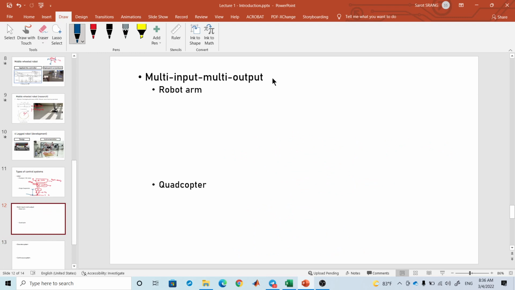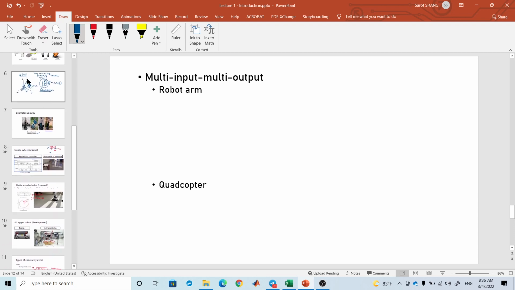Okay. Next, a multi-input, multi-output system. Just like I showed you earlier, the 4 degree of freedom robot manipulator.